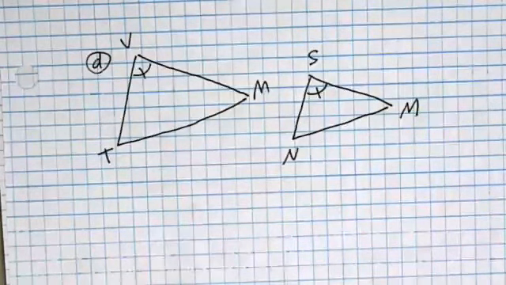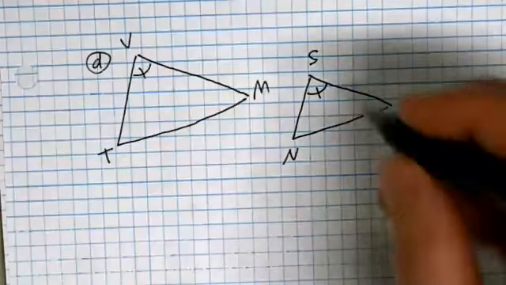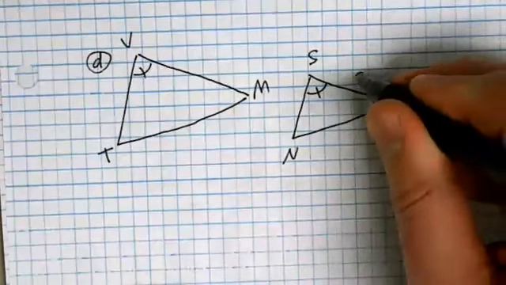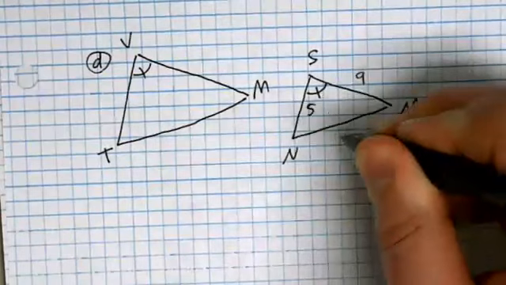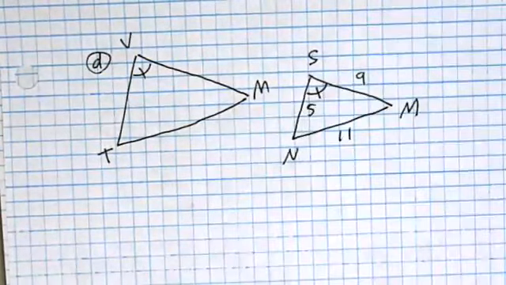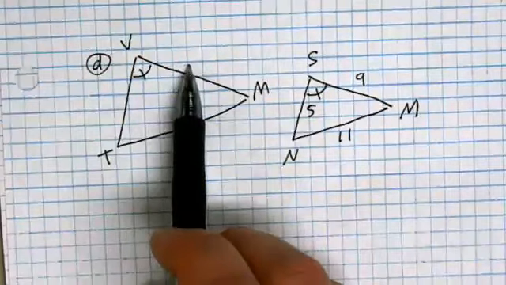I want you to help me put some numbers in here. Now, I'm going to tell you that this is 9, and this is 5, and this is 11, because that was easy to see in the original picture. Can you look at your book, though, right now and tell me what number I need to put between B and M?